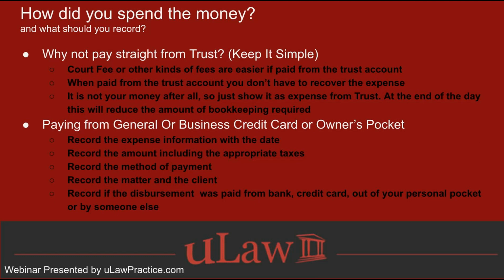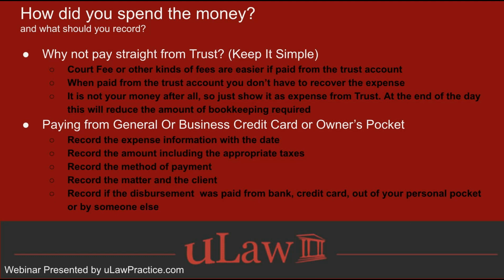There's a clear division between office expenses and disbursements. Disbursements are purely client-related expenses that you incur on behalf of the client first of all, and later you recover them from the client. That is what is called recovery of expense.